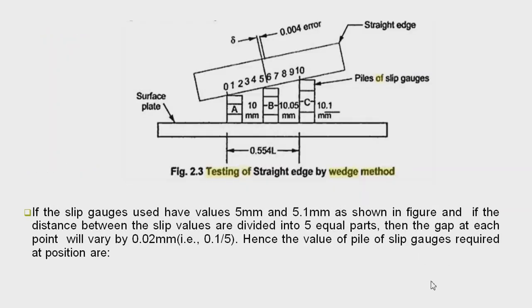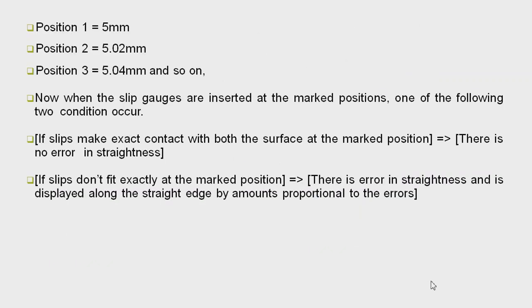If the slip gauges used have values 5 mm and 5.1 mm as shown in figure, and if the distance between the slip gauges is divided into 5 equal parts, then the gap at each point will vary from 0.02 mm, that is 0.1 upon 5. Hence the value of pile of slip gauges required at position are: first position 5 mm, second position 5.02, third position 5.04 mm, and so on.